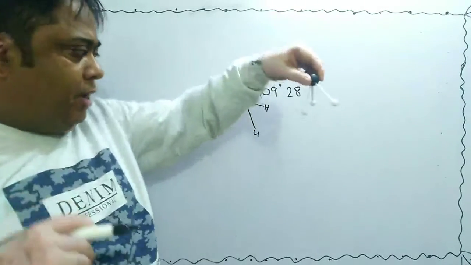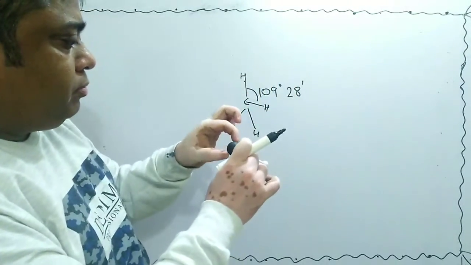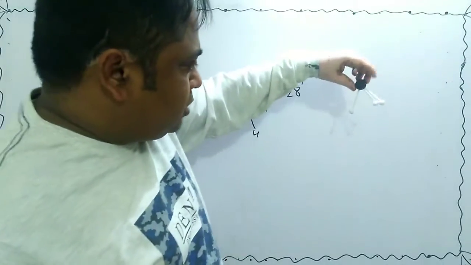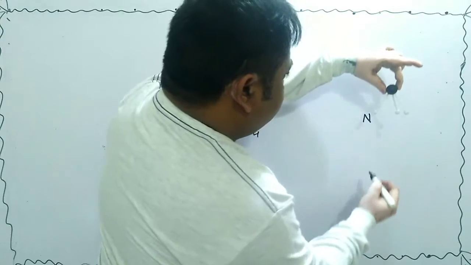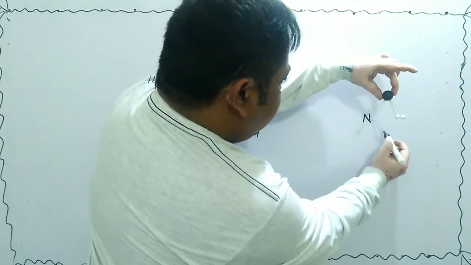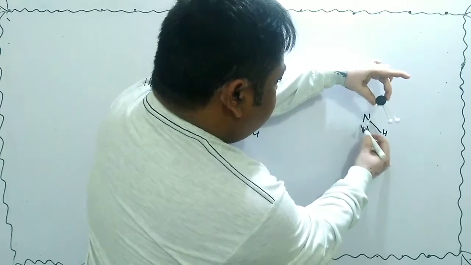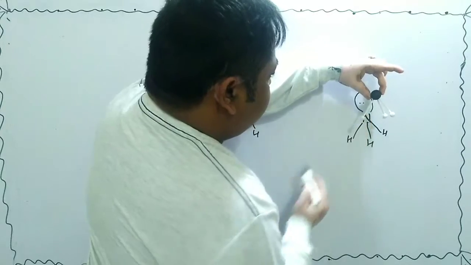Next, in case of ammonia, when the ammonia molecule is drawn, how does the teacher draw it? They say that nitrogen is here, bonded with one hydrogen, another hydrogen, another hydrogen, and a lone pair of electrons is there.